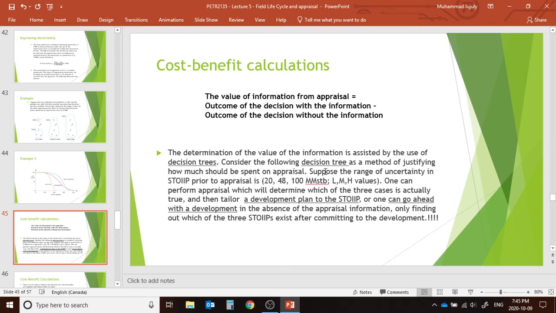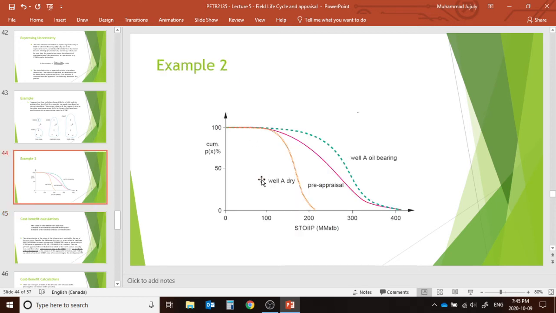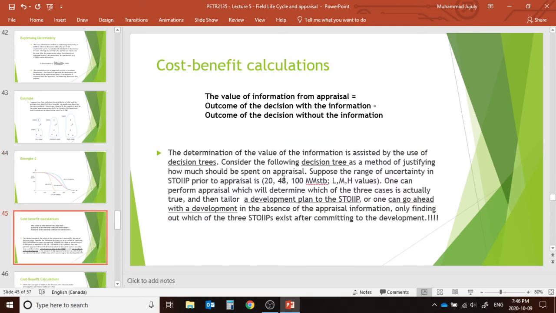We can actually calculate the uncertainty. And there could be 100 billion standard tank barrels. So these are the values we have. It could be nearly a dry well at 20, but still 20. Then medium, 48, or 100.